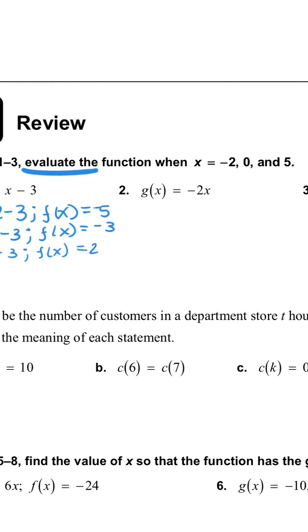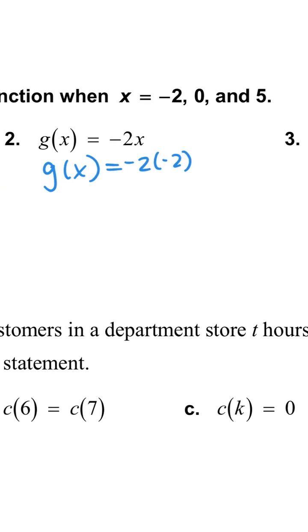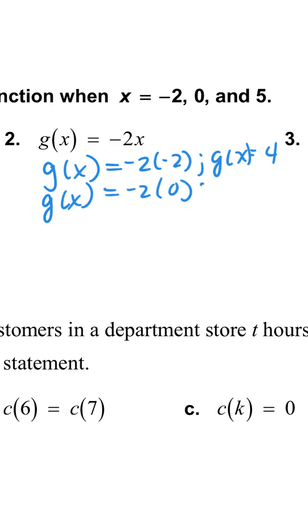On the second question, we have g of x equals -2x. So we're going to plug in, which is -2 times -2, which gives us, correct, g of x equals +4. Then g of x is -2 times 0, and we already know anything multiplied by 0 is going to be 0.